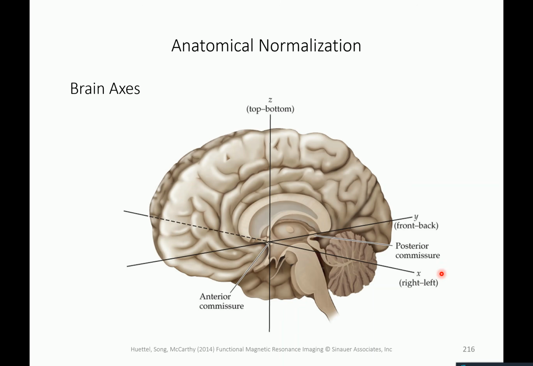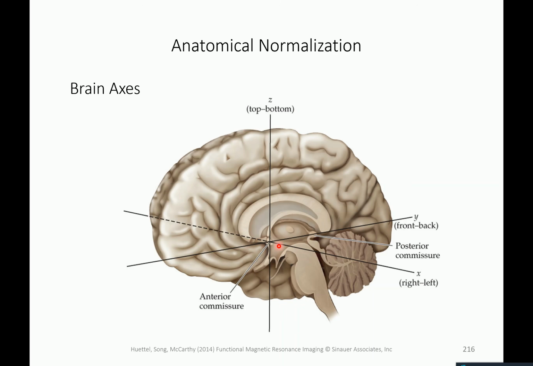top to bottom, a right-left axis, which is usually x, and a front to back, which is the y-axis. And a helpful thing to establish a common space for brains is that one has some landmarks that somehow define certain things.